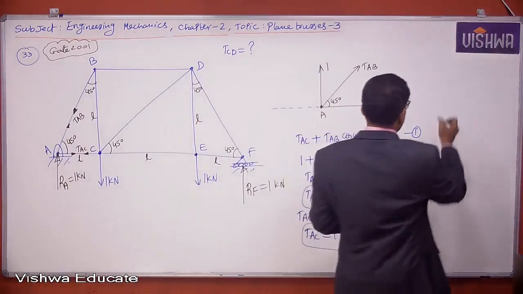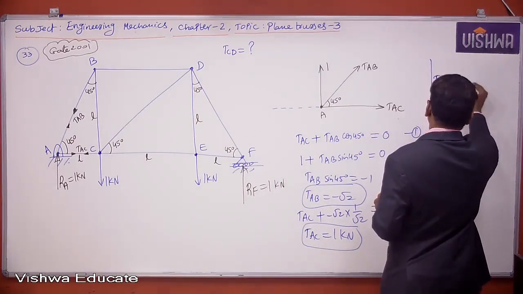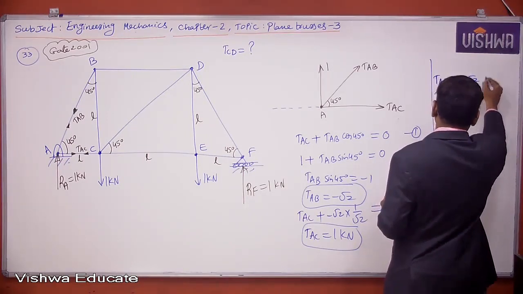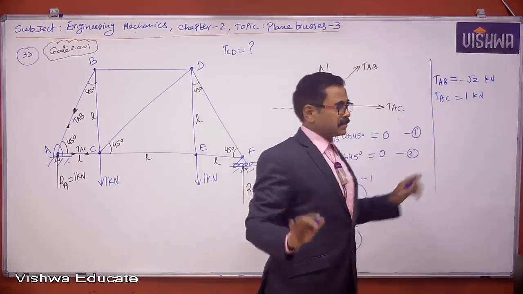So here I am writing TAB is equal to minus root 2 and TAC is equal to 1 kilonewton. I don't change the directions, as it is I take.